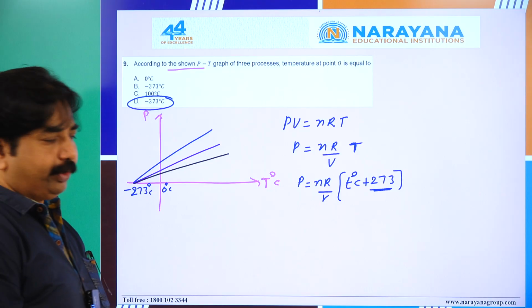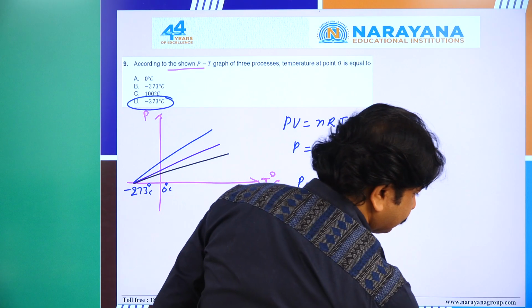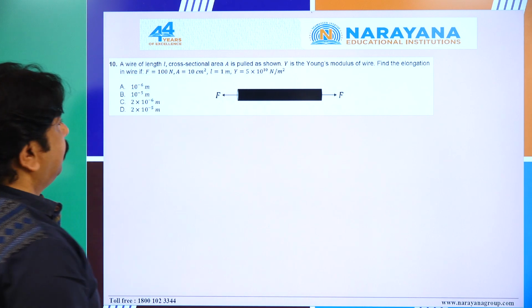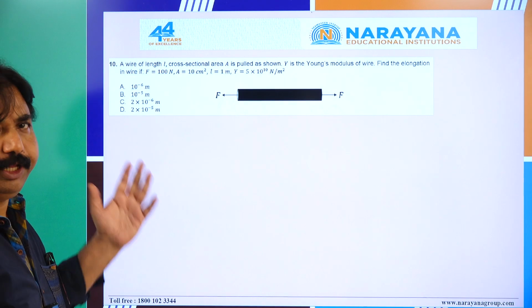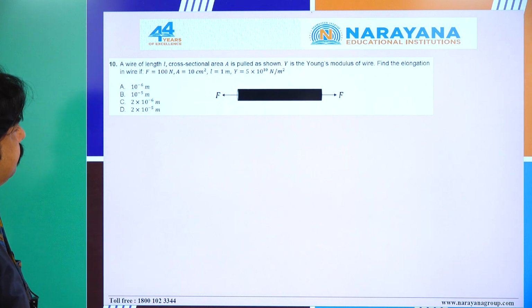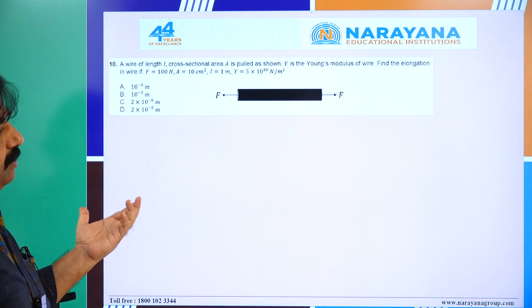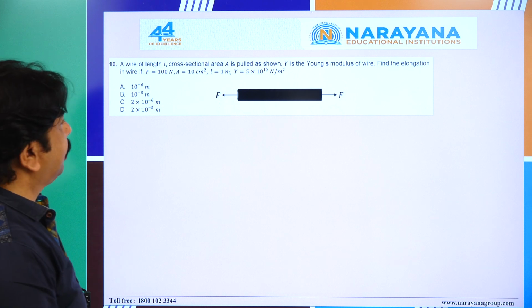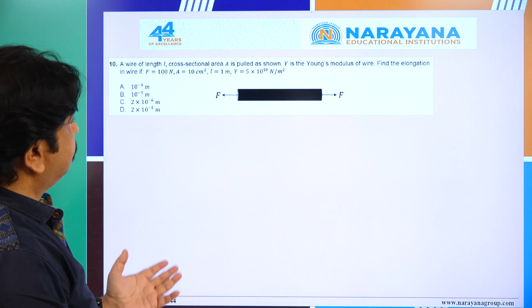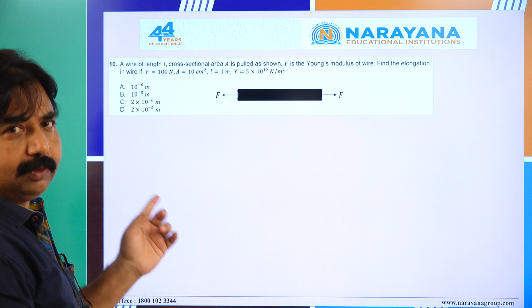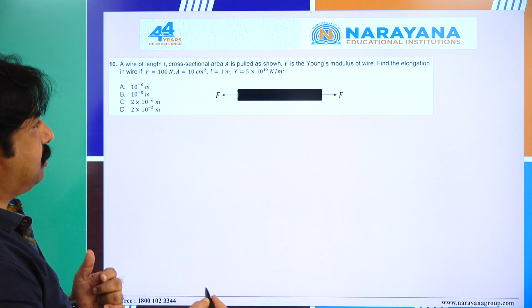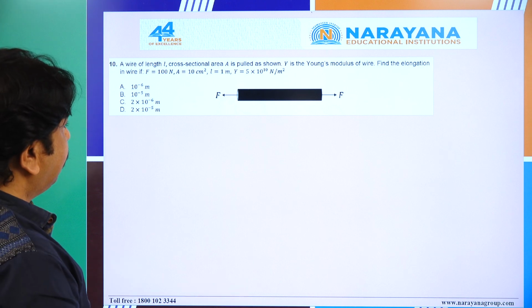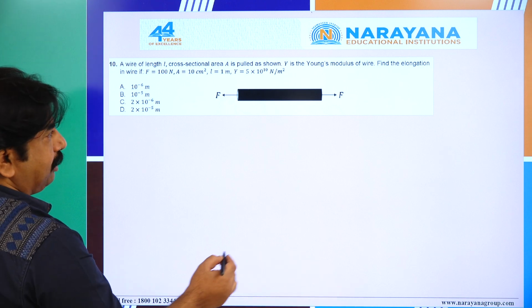Okay, now we are going to the next question. This is again from elasticity, and it is the same as the previous model. But here the rod is horizontal, two end forces act, both the same in magnitude but opposite in direction.